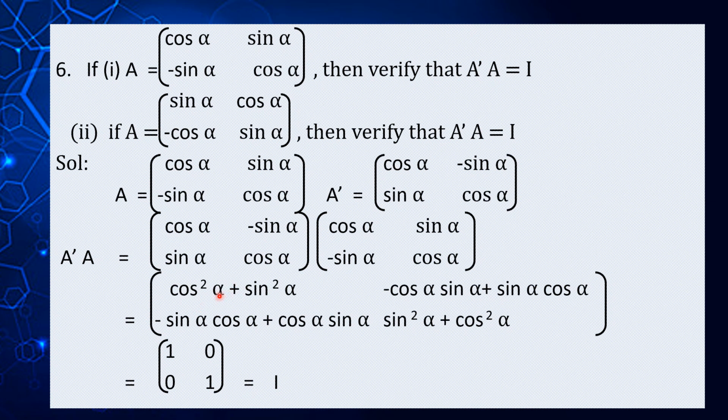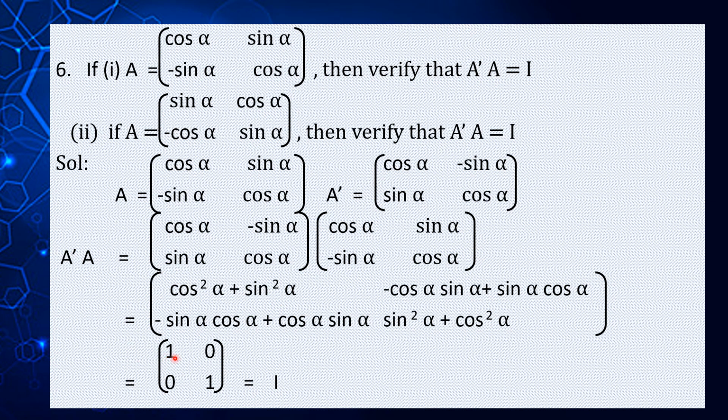cos square alpha plus sin square alpha, minus cos alpha sin alpha plus sin alpha cos alpha, minus sin alpha cos alpha plus cos alpha sin alpha, sin square alpha plus cos square alpha. Cos square alpha plus sin square alpha is similar to sin square theta plus cos square theta, which is equal to 1.